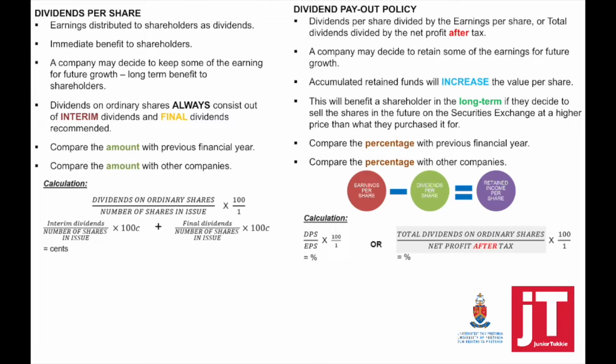A company does not need to pay out all their profits in dividends. They can decide that they actually want to retain some of that money for future growth. This will, in the long term, benefit the shareholders.